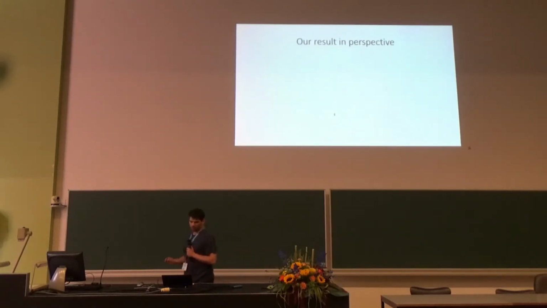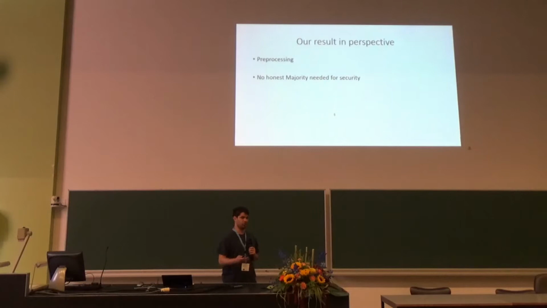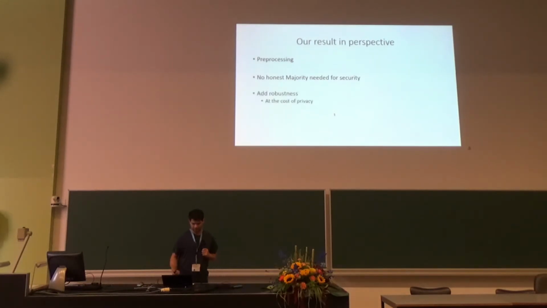So our result is trying to come up with something that qualifies this. We're going to use pre-processing. We won't require an honest majority for security, so we can't apply VSS-type protocols, secret sharing techniques.